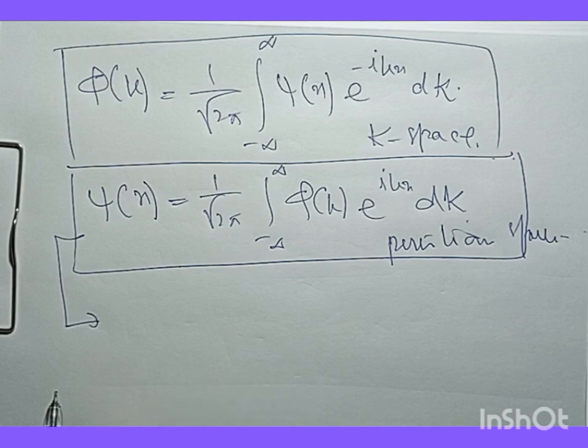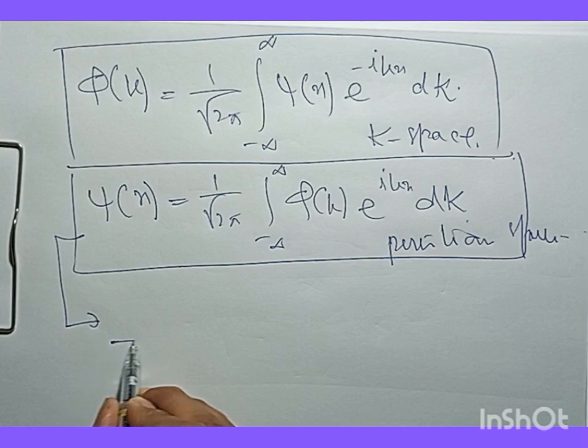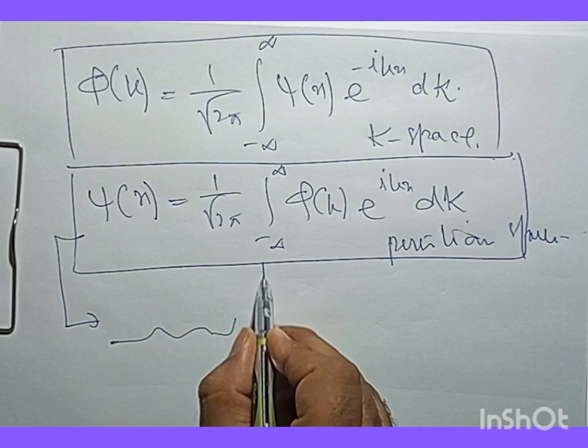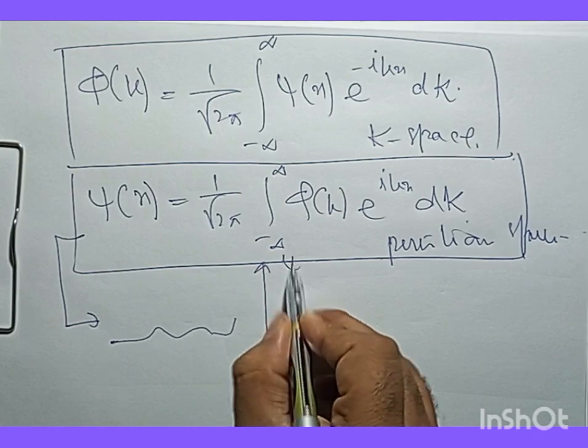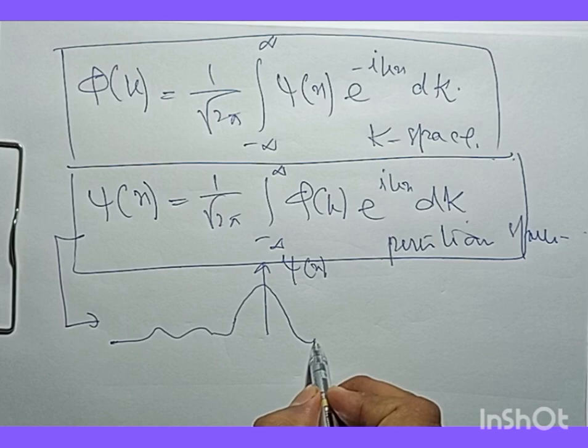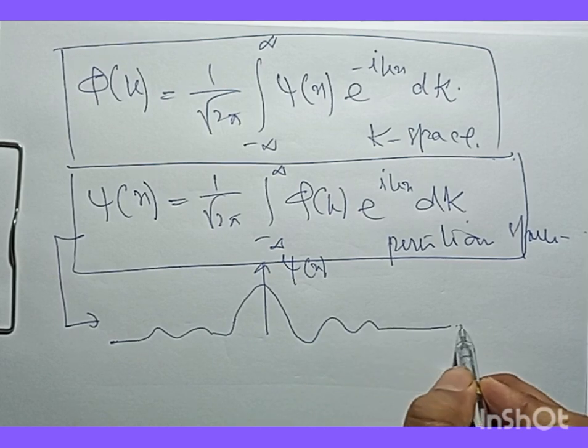Now, if I think of this position wave function, we can show it like this, a wave packet. This will be my psi of x. So it will go like this, and then it will go like this.